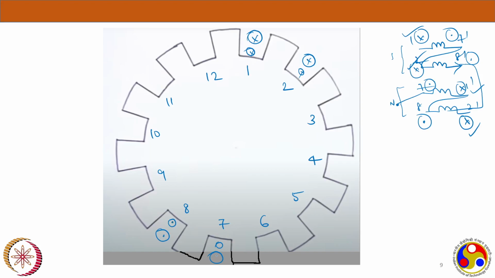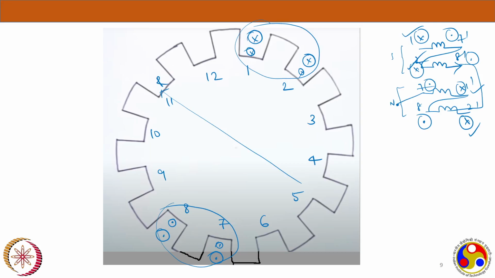So these are all forming one cross group, and the bottom ones are forming the dot group. Now, how will the resultant field be? By the right hand thumb rule, it is going inside and coming out from the dot, and it will be this side, right? Going inside, and this will be like this. This will be the resultant R phase field.